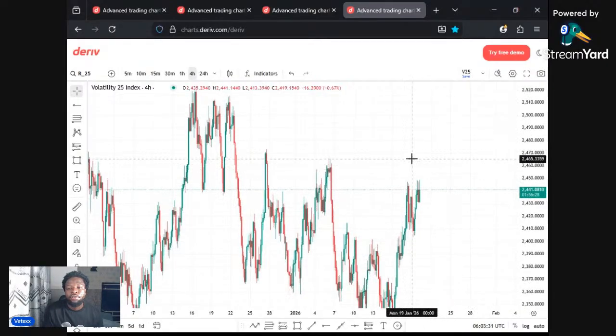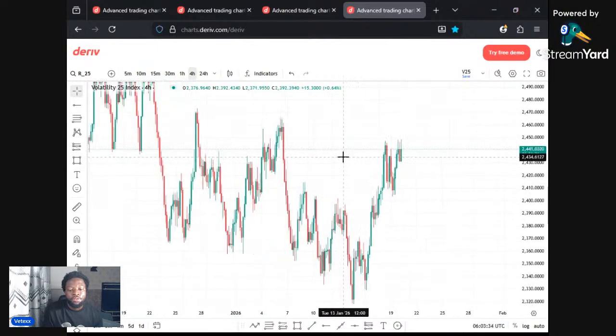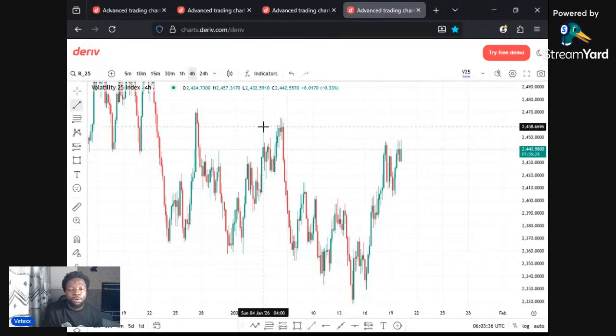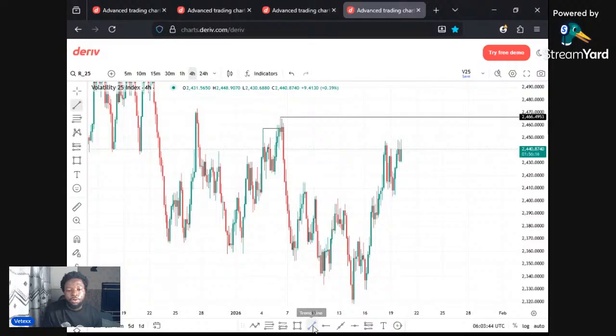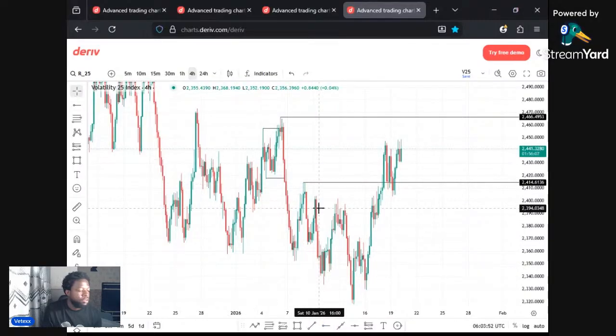So on the 4-hour time frame, we have our sweep of liquidity here, which is this. We have our protected high, and then we have our first sweep of liquidity, which is this. And we have price retrace 50% to give us our structural liquidity, which is this.